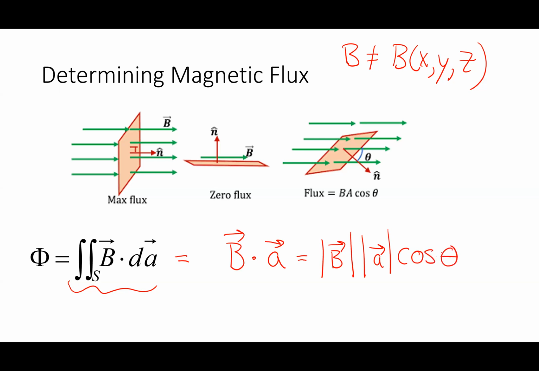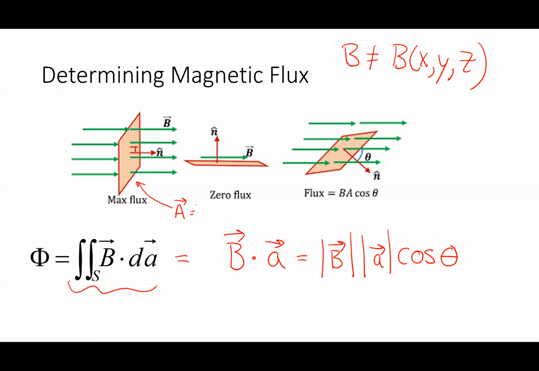What I did here was create an n hat vector, a normal vector, which is where the area vector would be. Let's say this coil had an area of 2 meters squared.